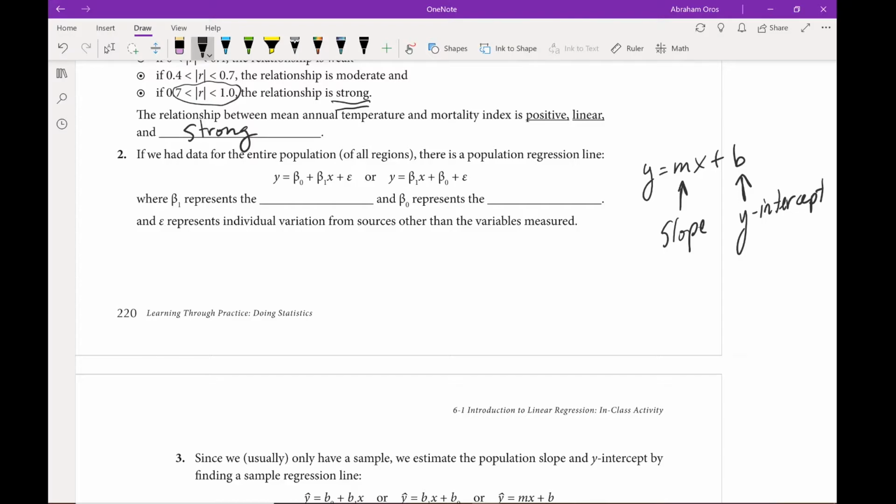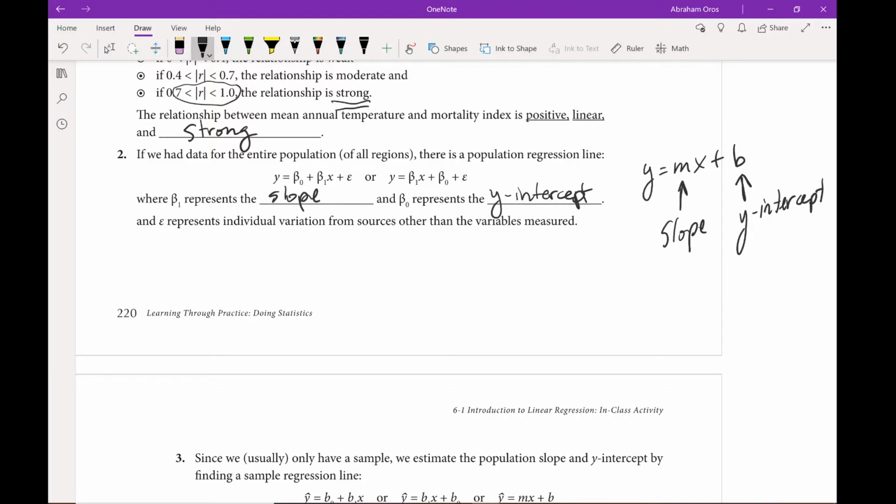For this particular one, beta sub 1 would be the slope, because it's the one next to x. So we're going to say it represents the slope. And beta sub 0, which is sitting here, is representative of the y-intercept.